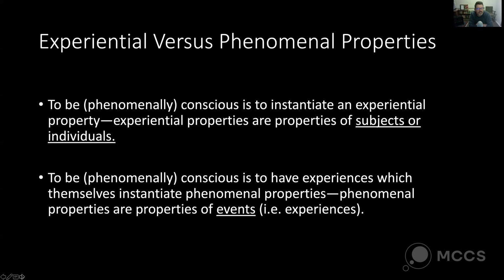So the first definition says, to be phenomenally conscious is to instantiate an experiential property. Now, here the notion of being phenomenally conscious, what Nida-Rümelin has in mind is a property of a subject, like an animal or a person, something like that. A person is phenomenally conscious.